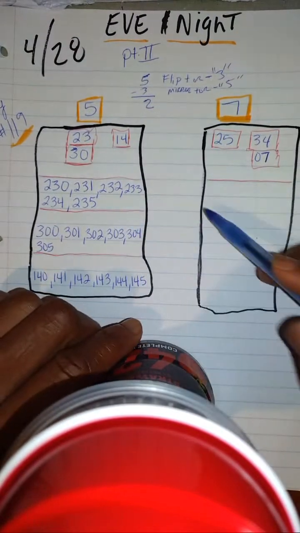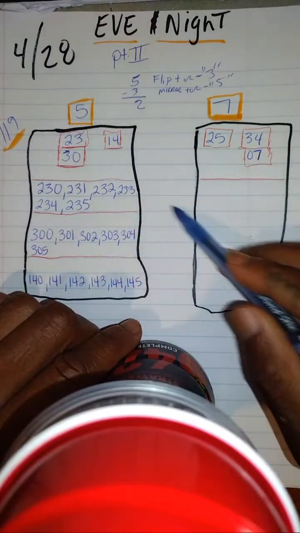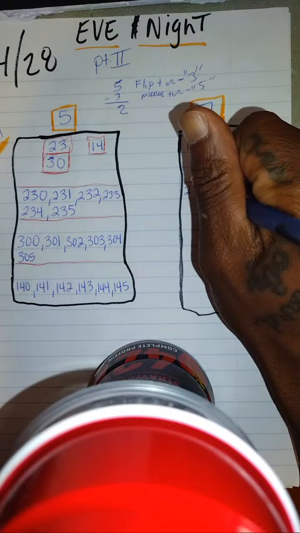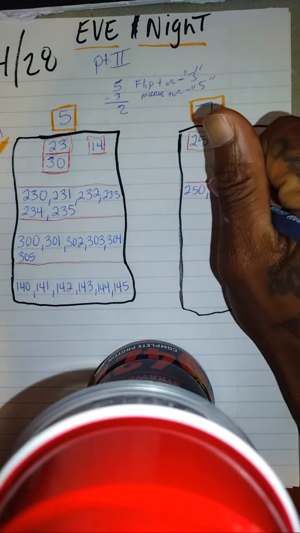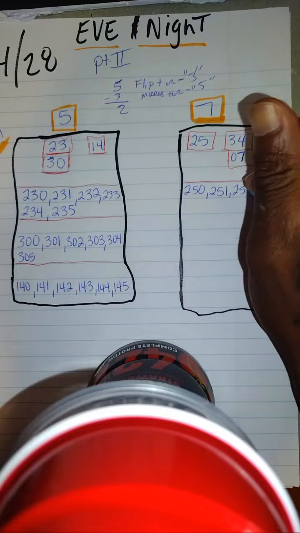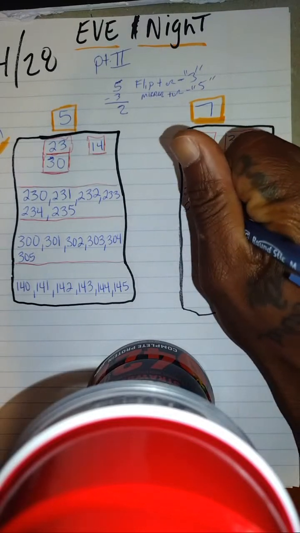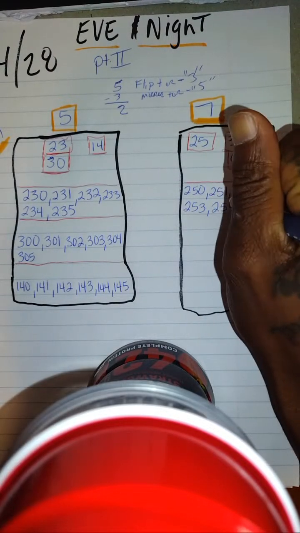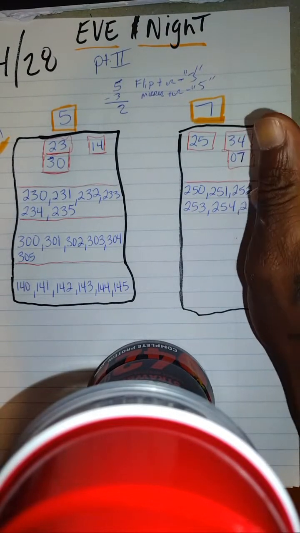Doing the same that I did over here. Starting with the 2, 5: 2, 5, 0; 2, 5, 1; 2, 5, 2; 2, 5, 3; 2, 5, 4; 2, 5, 5.